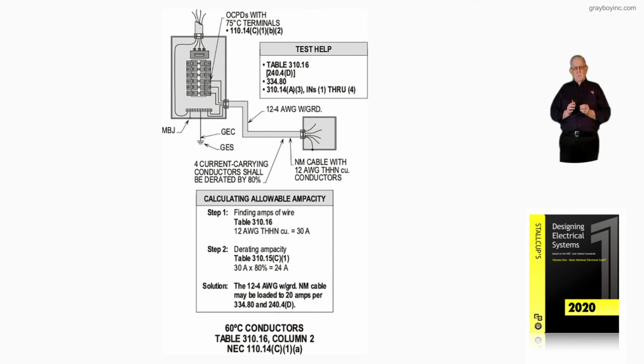Now we know that we can review 310.15(A) and (B) of the code, and we know that you're considered current carrying in a Y system if you pull more than 50% of the neutral load that contains harmonics, those type of loads.